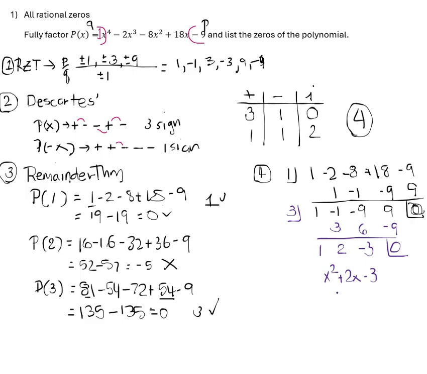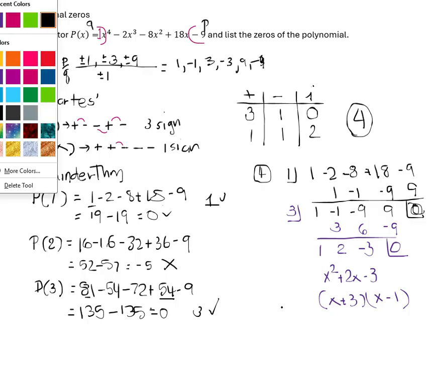I know that this factors into an x plus 3 and an x minus 1. What two numbers multiply to give you a negative 3 and add to give you a positive 2? x plus 3, x minus 1.